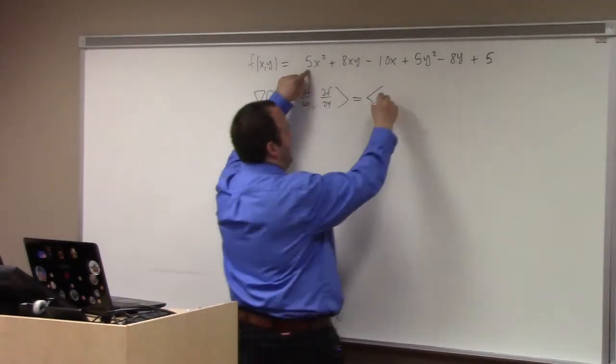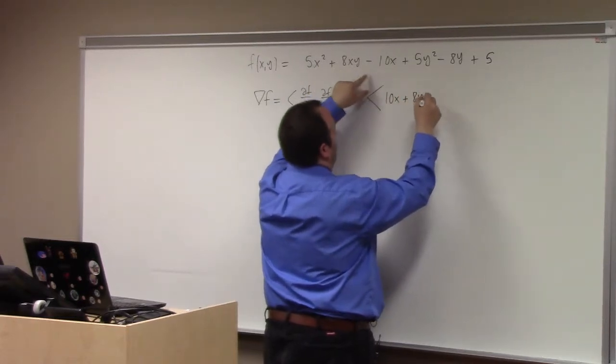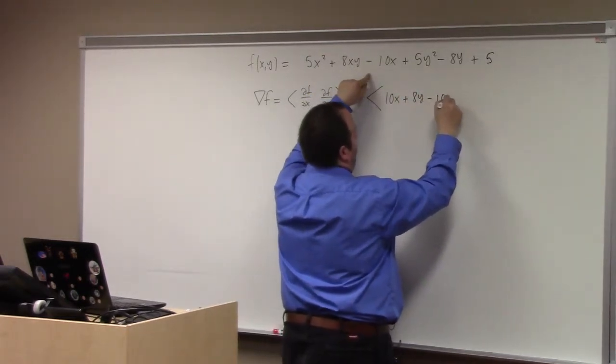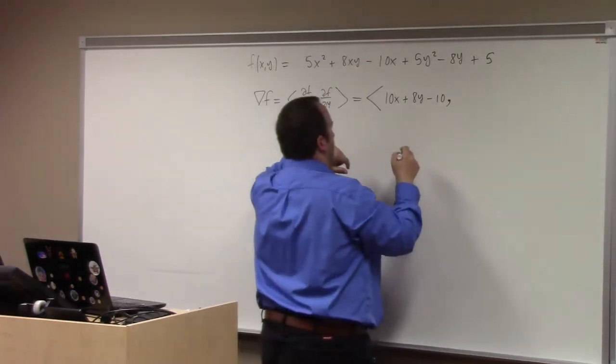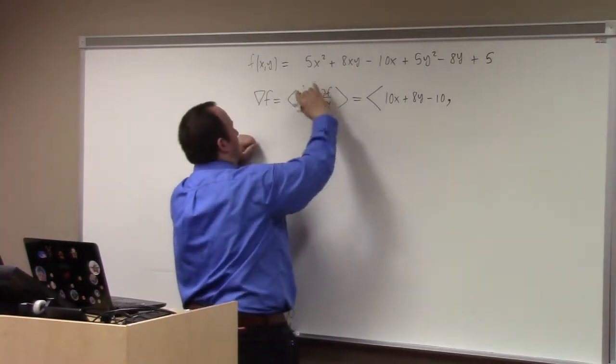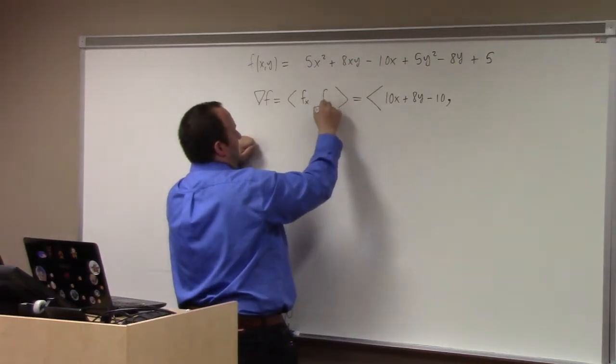And so you're telling me this was 10x. There's my f_x, right? The other notation for this, guys, would be just f sub x and f sub y if you prefer that notation.